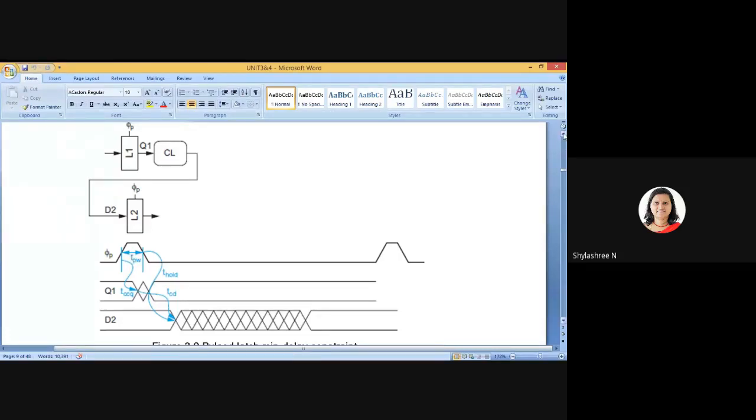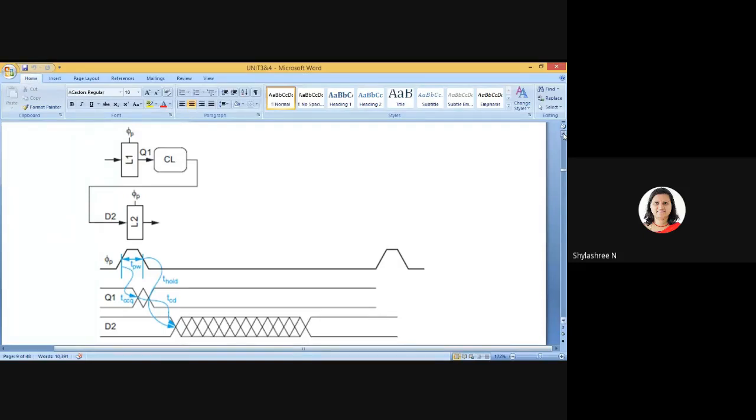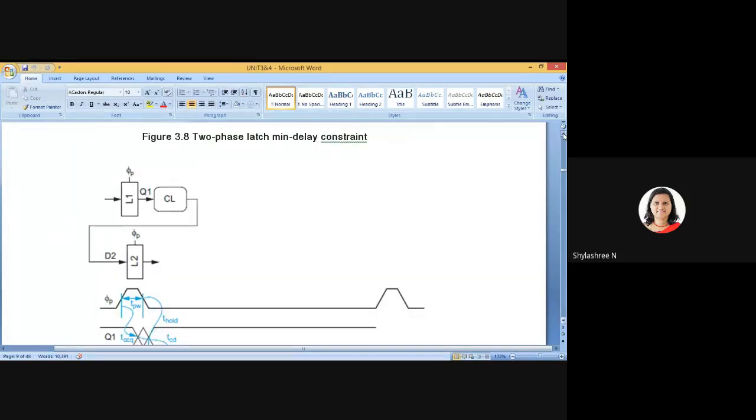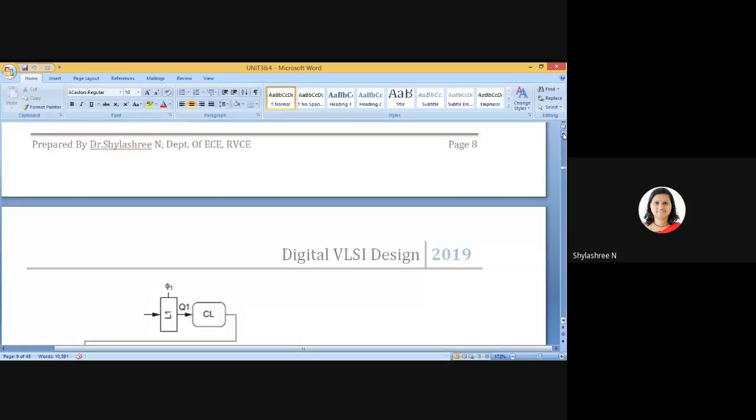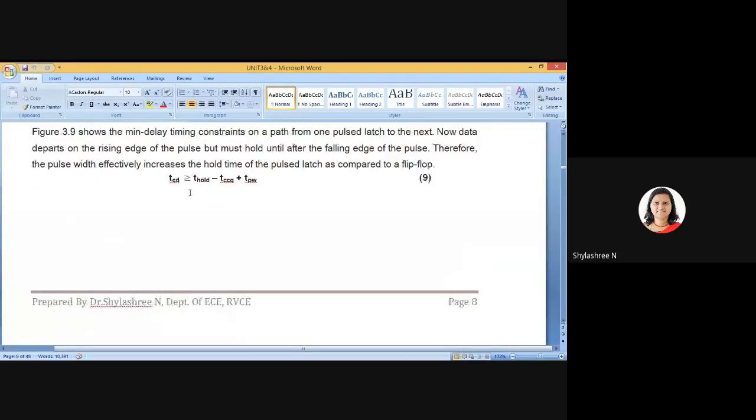I will show the equation over here. So TCD should be greater than or equal to T hold minus TCCQ plus TPW. This is with respect to your minimum delay constraints.